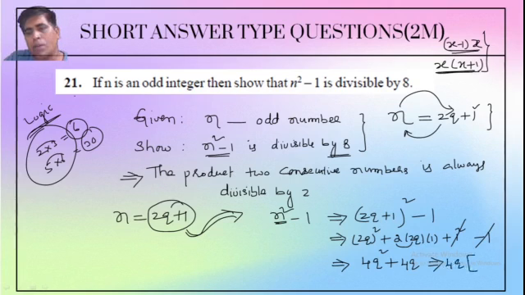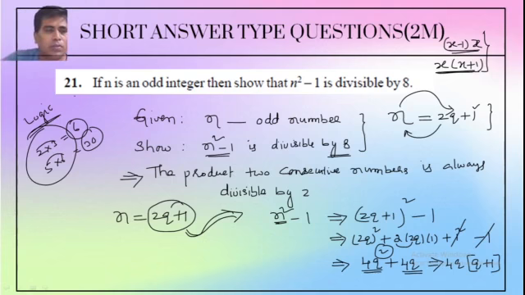It's a very, very important step. If I take 4q, we have q extra here because of 4q square, and in the other term I write 1. So if I take 4q common, 4q into q plus 1.